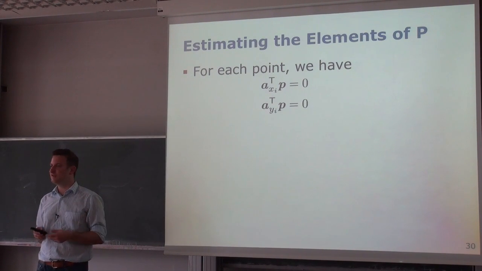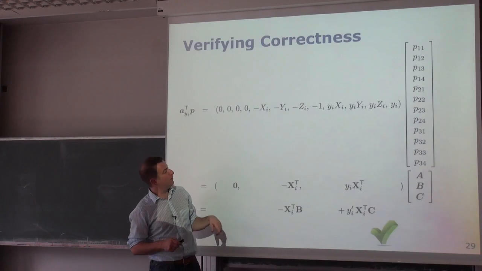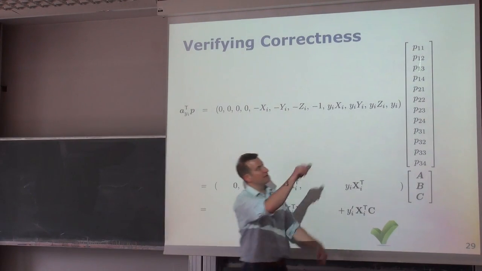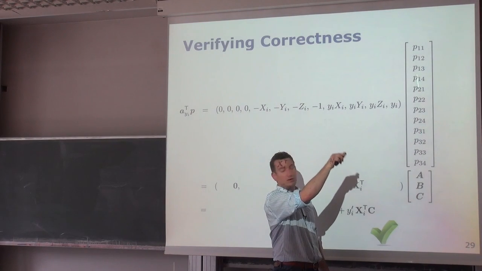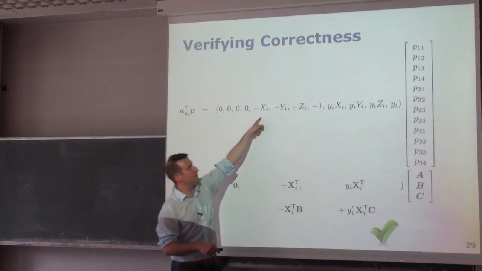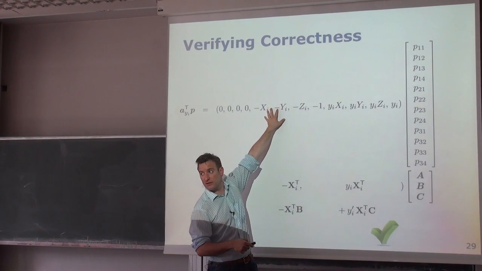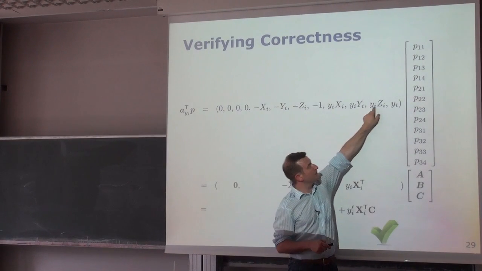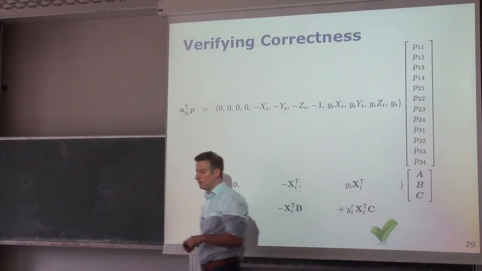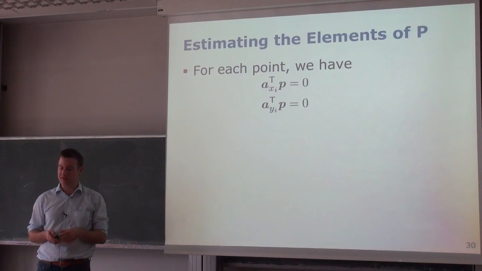So we said we need at least 6 points, so we need to do that for at least 6 points. So every point has the same matrix over here. Of course, they're all taken from the same image, so they have the same matrix P. We just have different coordinates over here, where the point is in reality and where we observed the point in the image. So we simply do that for at least 6 points, or for I points, at least 6.